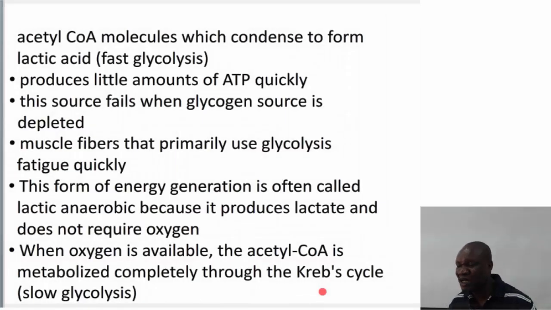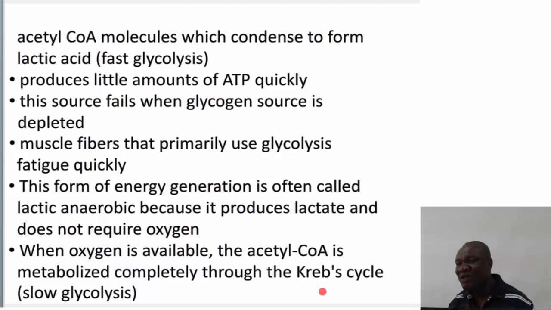Now, these condense to form lactic acid. Now, if oxygen is available, the acetyl-CoA is metabolized and goes through the Krebs cycle. Right. It is metabolized completely through the Krebs cycle.